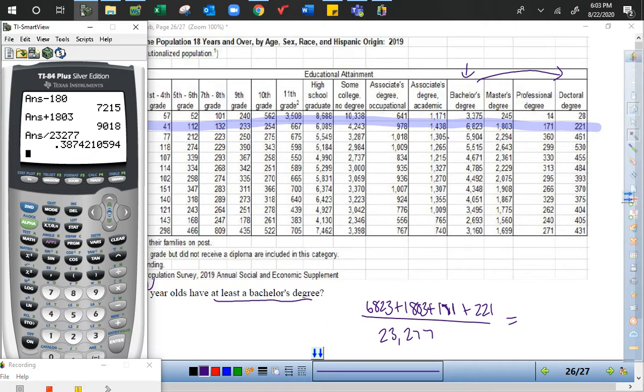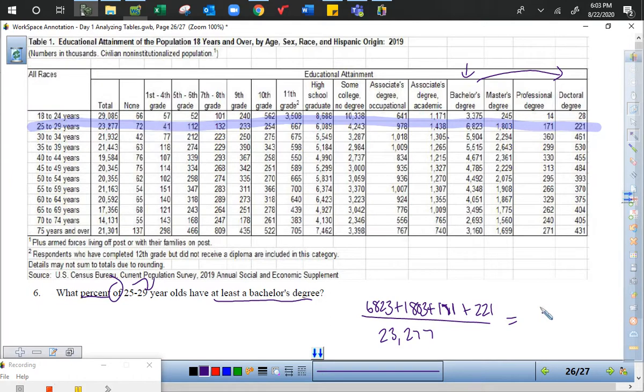Again, if percents are represented in the table, round to that decimal. If not, look for instructions or just round to whatever. Here we're going to just round to 2 decimal places like we have been. Let me go ahead and jot down that number. And say it's approximately 38.74. Label on this guy is percent.